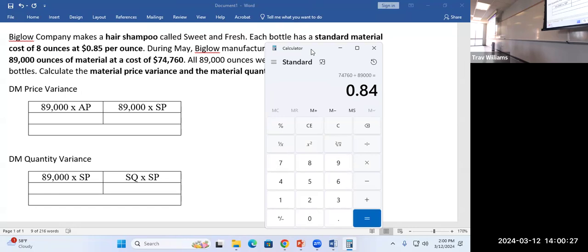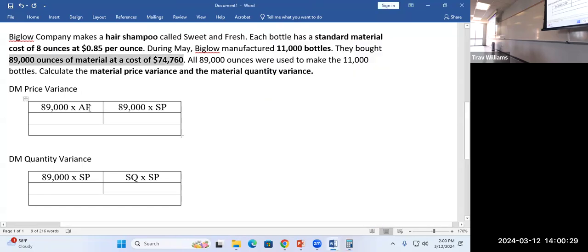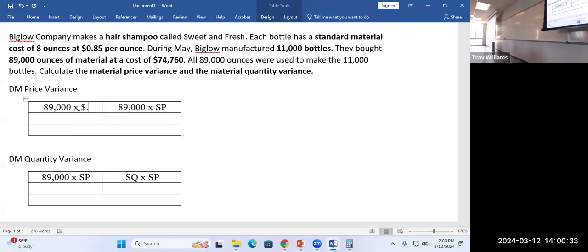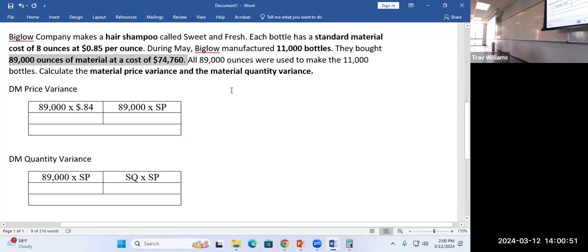So that's the actual price they paid. There's only one place that we put that here. Okay, does that make sense to everybody? Sometimes they don't give you the information, so you have to figure it out. Total cost, what they actually paid, divided by the actual ounces gives you an actual price per ounce.